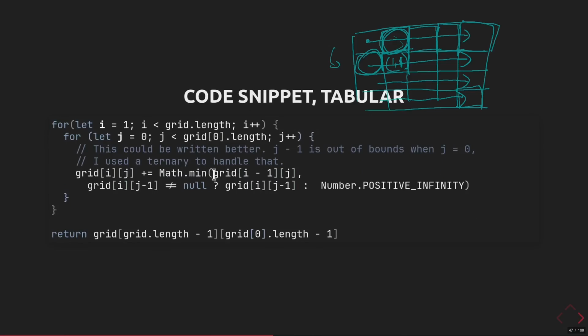And it's exactly what I said. So the grid, we depend on the row above the answer there. And we also care about the answer on the left of the cell. I did this weird thing in JavaScript where I did a ternary operator, and if there was no left cell, I just said that this was infinity. And then I rely on the min operation to just keep the value from the top only.